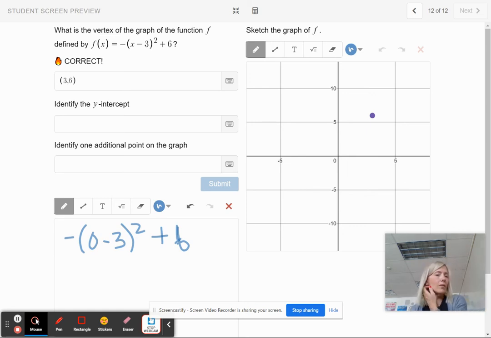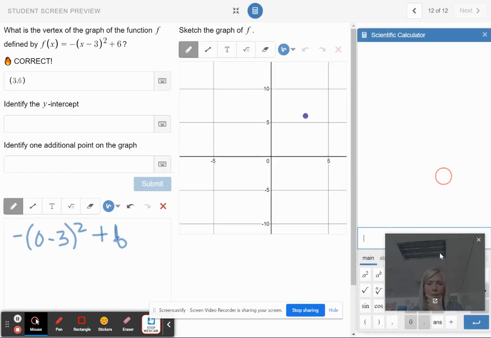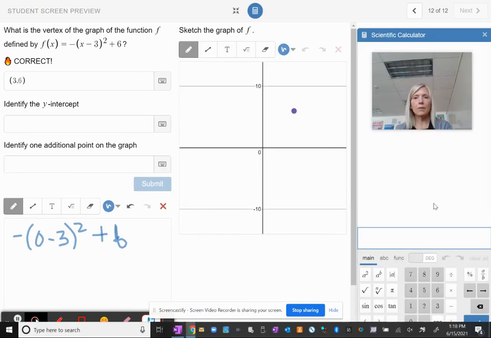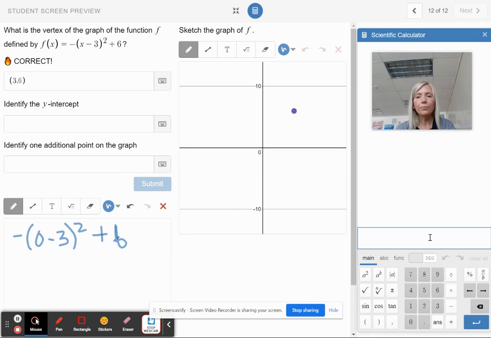And I might open the calculator to have it get the answer for me. And my video was in the way. Okay. It's not flashing yet, but let's see what happens. Okay. 0 minus 3.